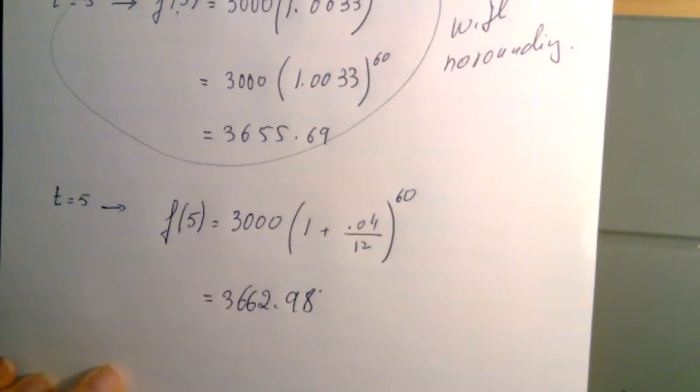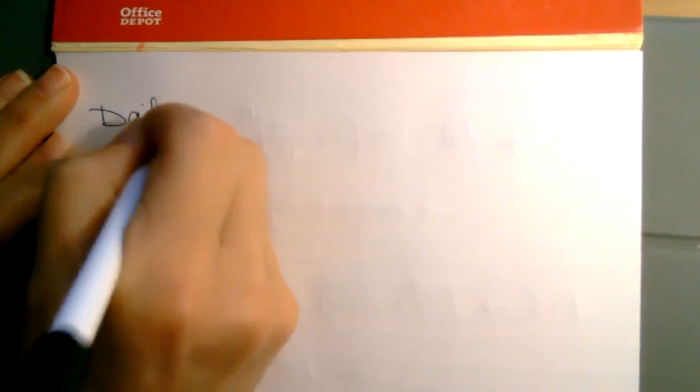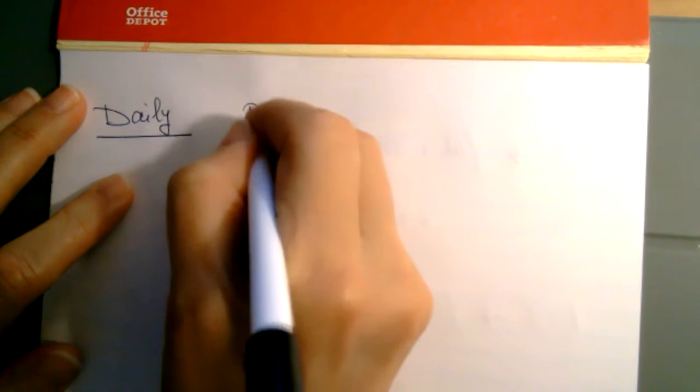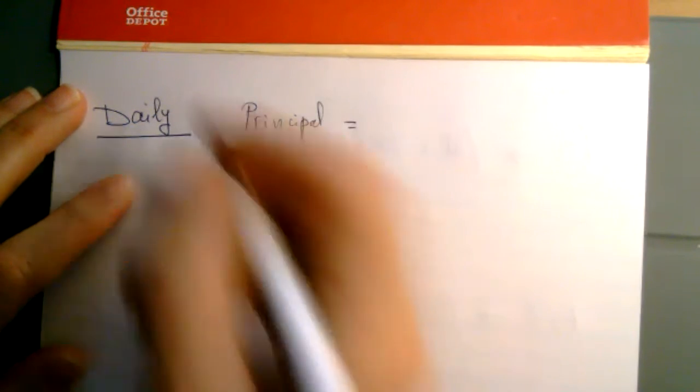All right, so I'm going to do the last one, the daily one. And we analyze it. Daily means my initial amount, the initial principal, usually the letter P, because it stands for the principal.